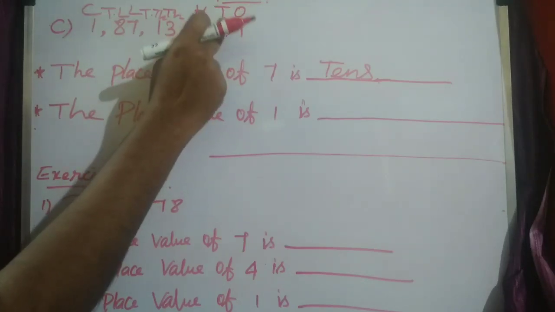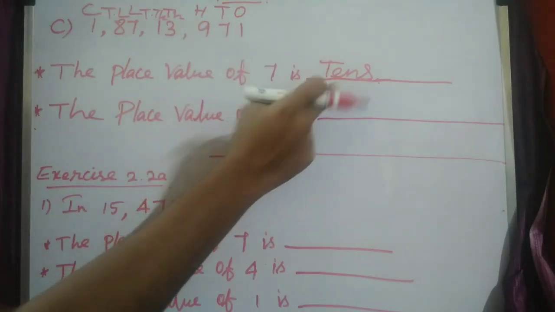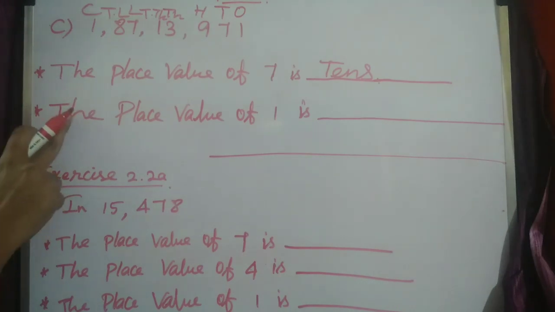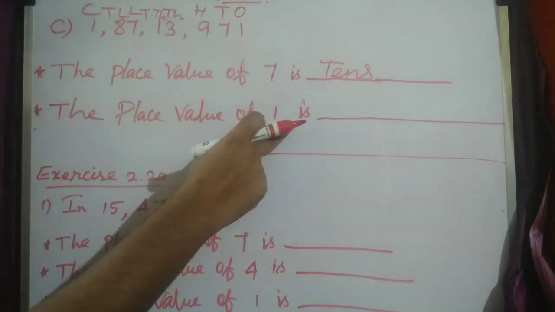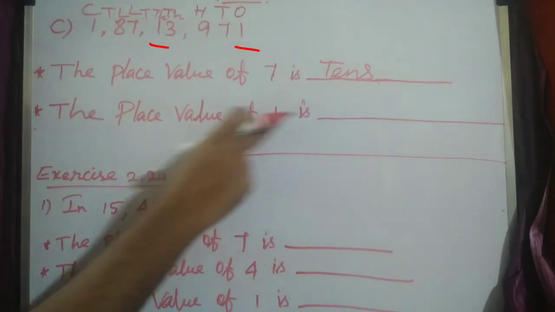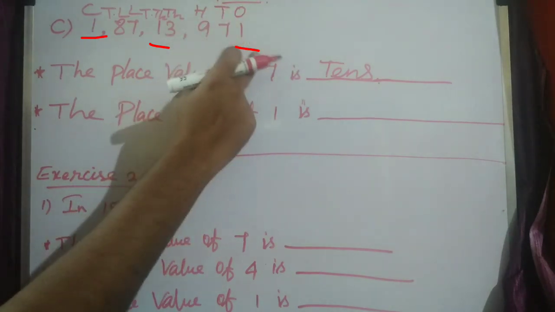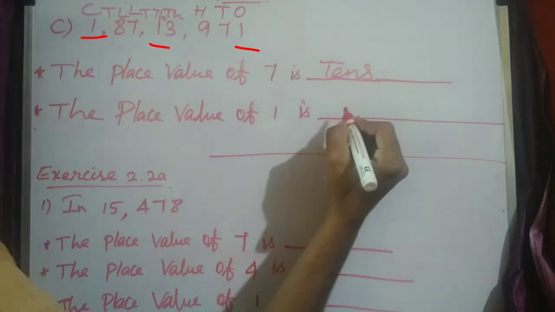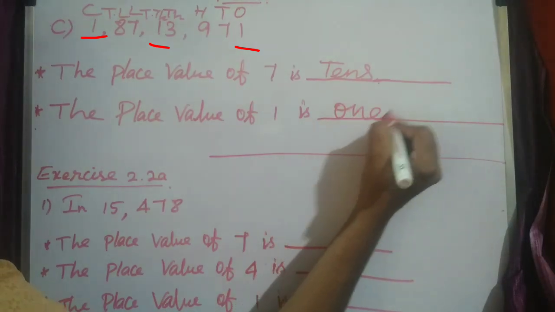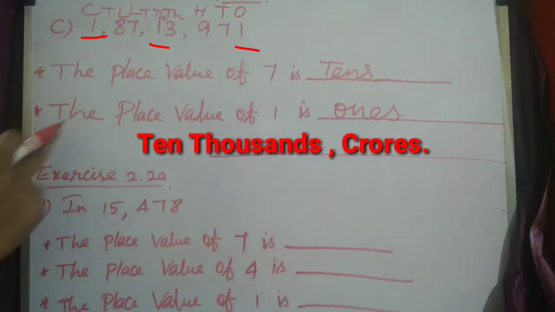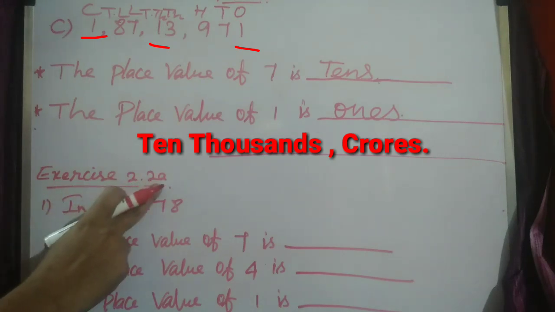Now see the second question. The digit 1 occurs in 3 places: ones, 10,000s, and crores. So write the place values: ones, 10,000s, and crores.